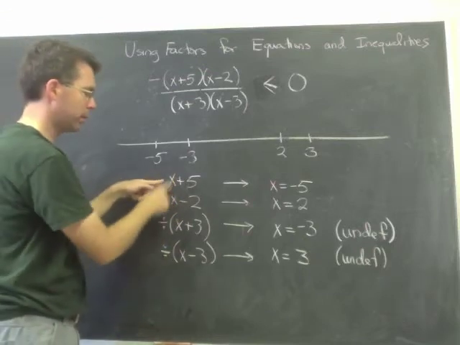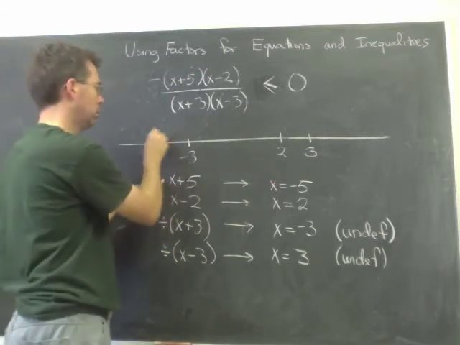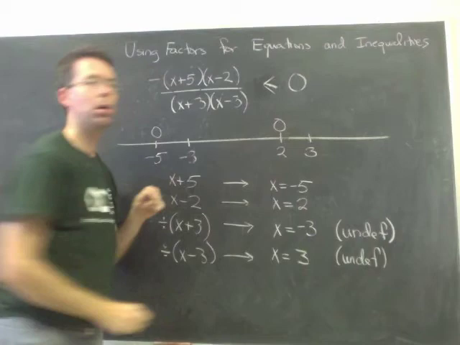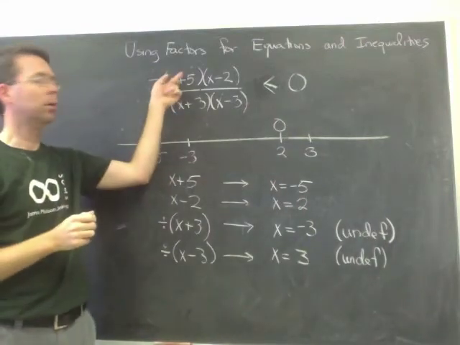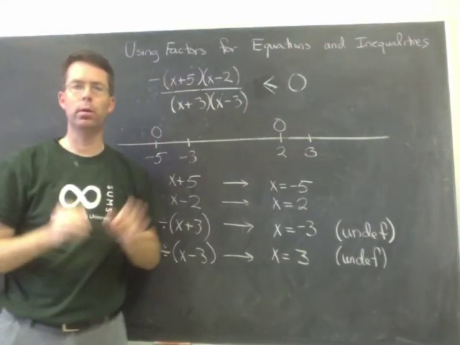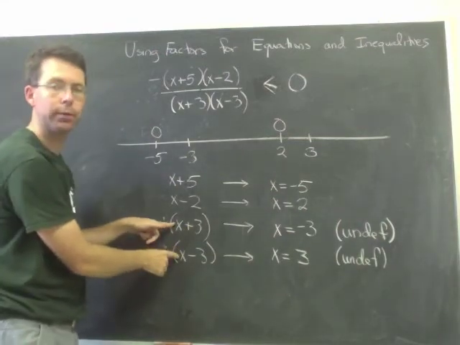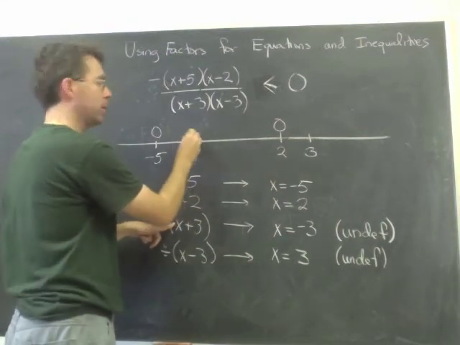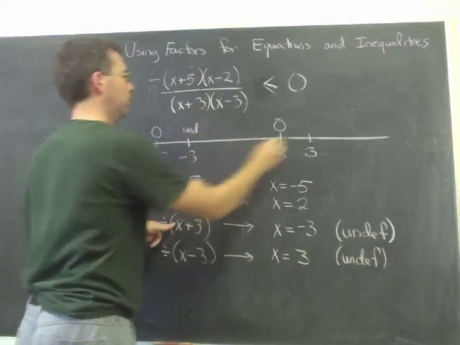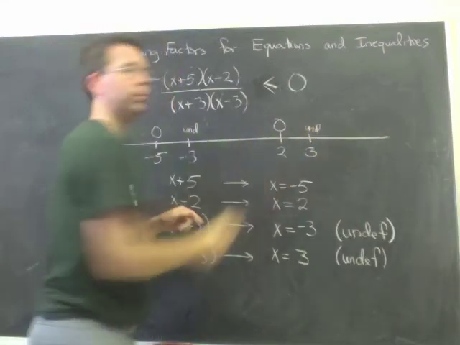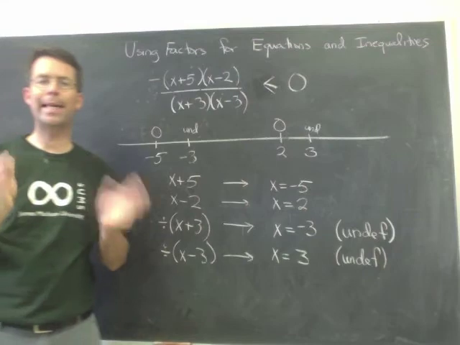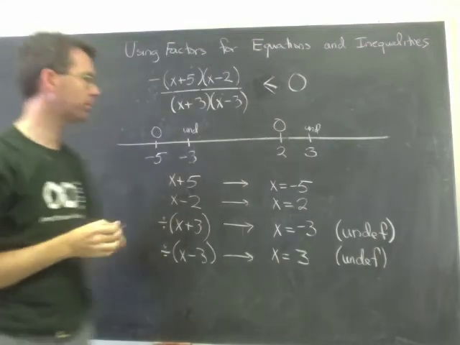And negative 5 and 2 are both places where my formula equals 0 because I multiply by a number that's 0. The numbers 3 and negative 3 are undefined points because I can't divide by 0.